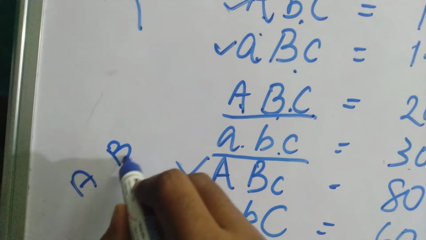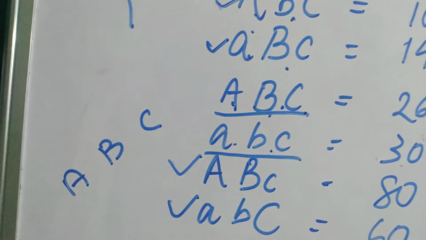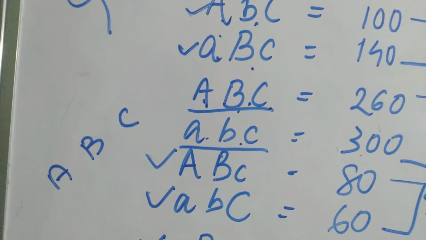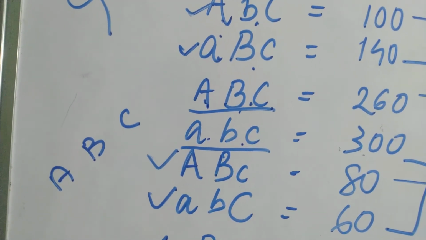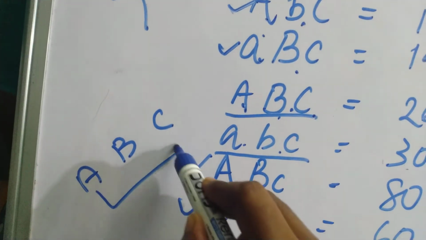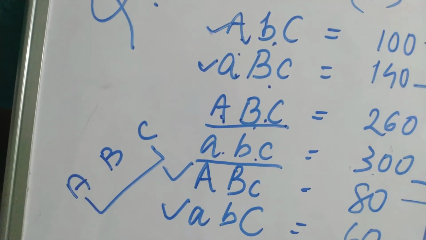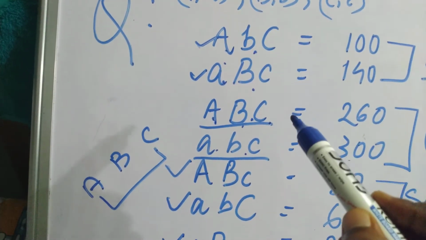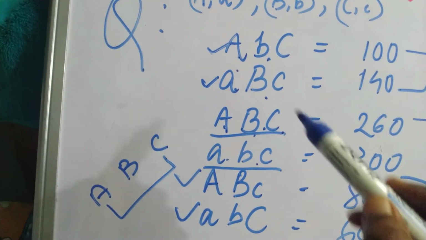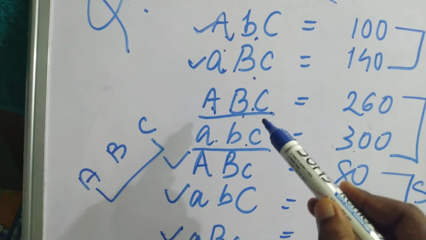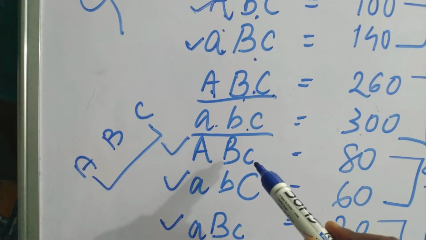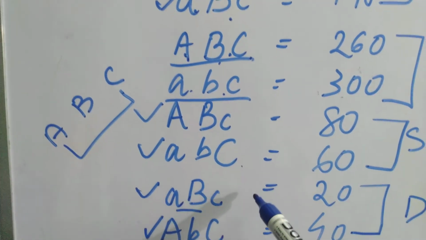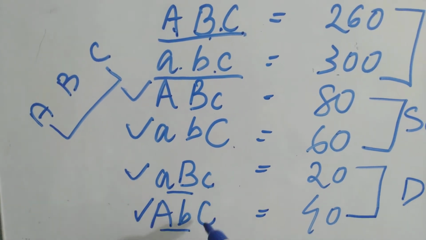A, B and C. But whether the sequence is A, B, C or not, we can find out only when we count the distance between A and C. So like this, if we find out A and C, yes, yes, and yes, yes, no, no, right?